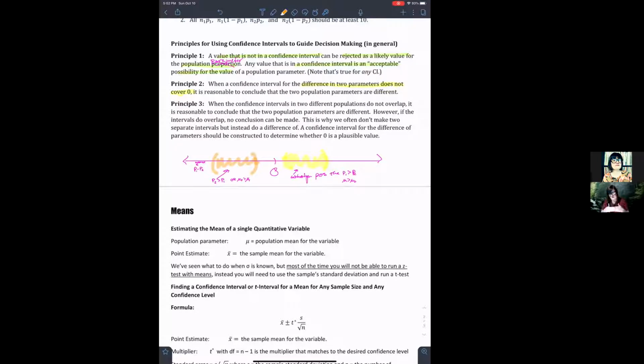But if they do overlap, we can't make any conclusions, because I don't know, is it the part where they overlap where the two are agreeing, or is it where they don't overlap that I should be agreeing with? Because any value inside of my confidence interval is an acceptable value. So even values that seem very extreme have just as much of a probability as any other value.